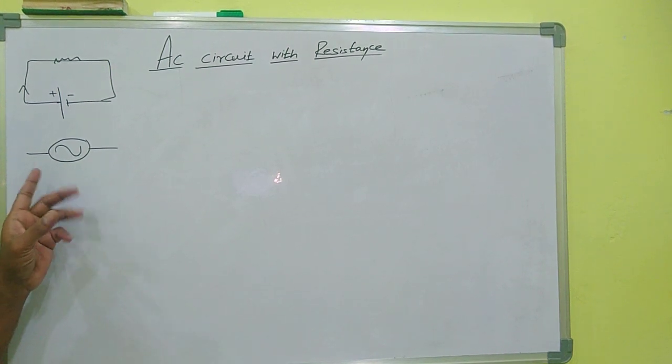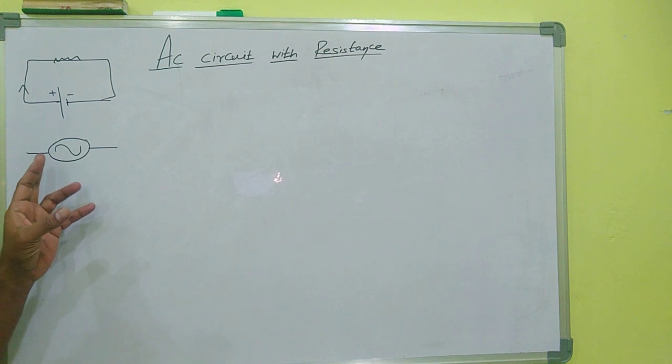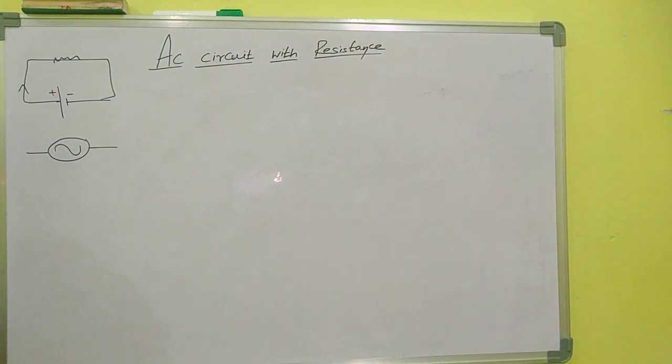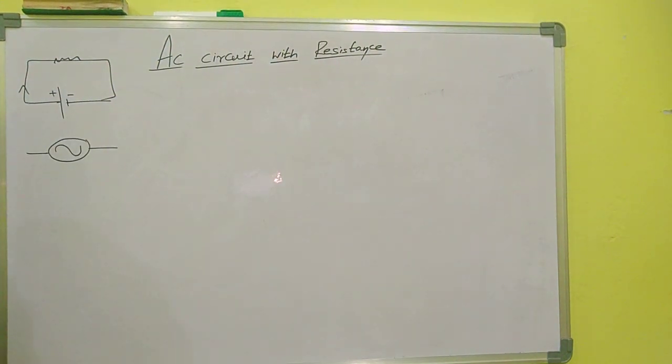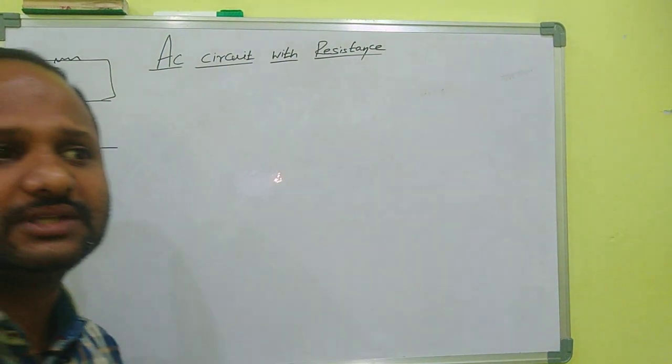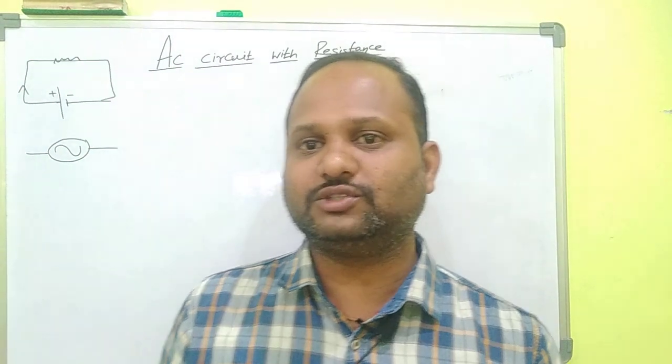Here the current is alternating, so it may go in both directions, not only from this to this or this to this. So we may not use arrowheads for AC circuits. That is one of the most important points.